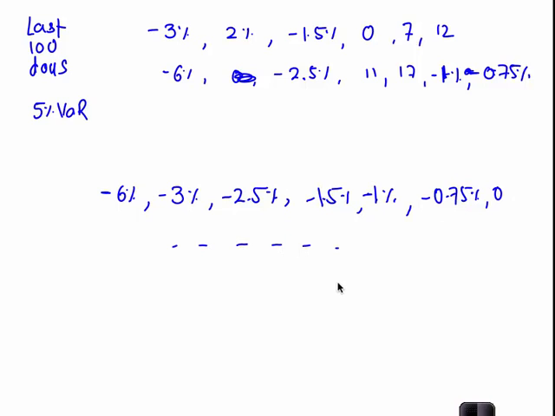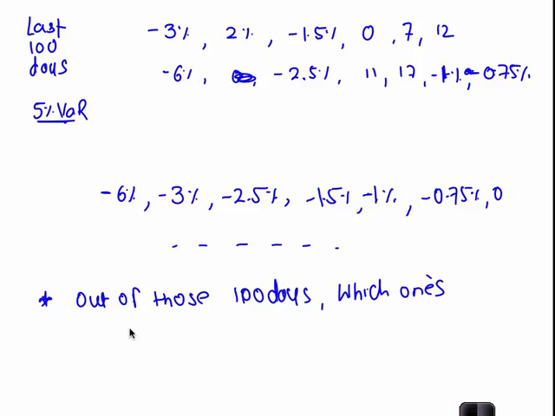Now 5% VaR means out of those 100 days, and of course this is loose language, but the easiest way to think is, which ones were the worst 5 days?